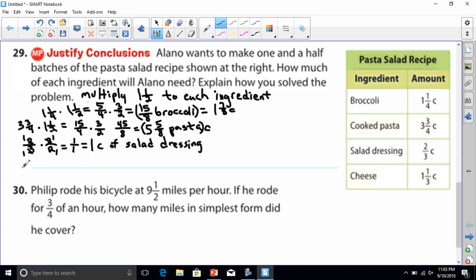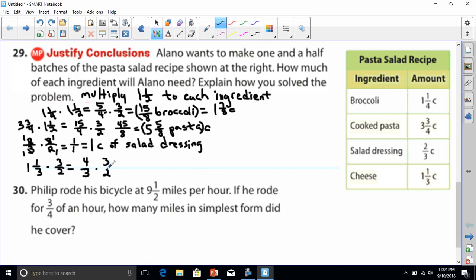The last one is cheese, and that's 1 1/3 cup. And again, we're going to multiply that by 3 over 2. Now I could say 3 times 1 is 3, plus 1 is 4. So this really equals 4 over 3 times 3 over 2.